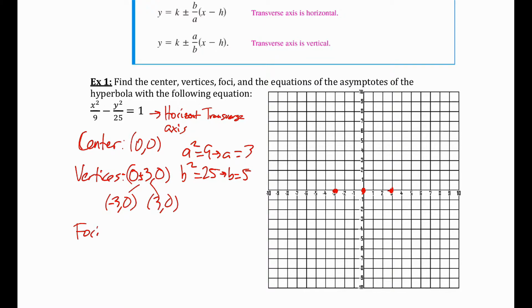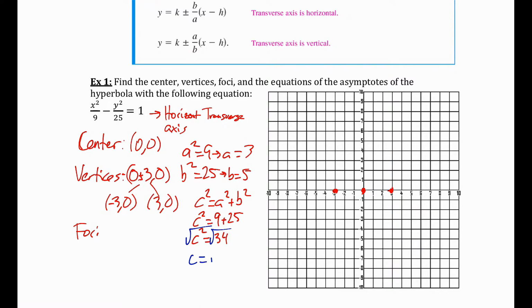For our foci, we're going to need to find our c value. We haven't done that yet. Remember the equation c squared equals a squared, and for hyperbolas, it's plus b squared. So c squared equals a squared, which is 9, plus b squared, so plus 25. We end up with c squared equals 34. Taking the square root, c equals the square root of 34.